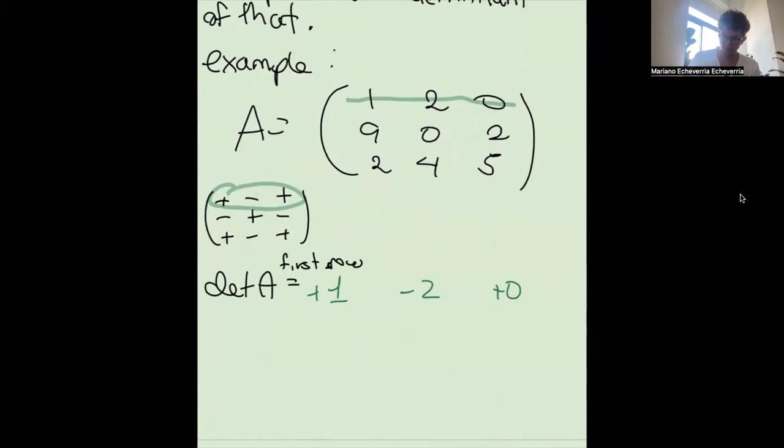And then you just have to figure out which 2x2 matrices to put here. What do we put here? You put the matrix that you get by deleting the row and column to which 1 belongs. So it's 0, 2, 4, 5.